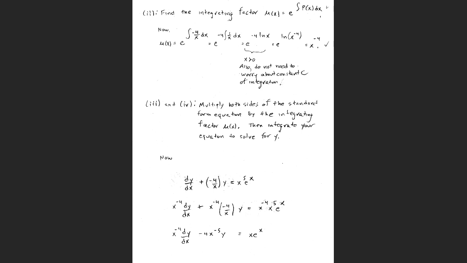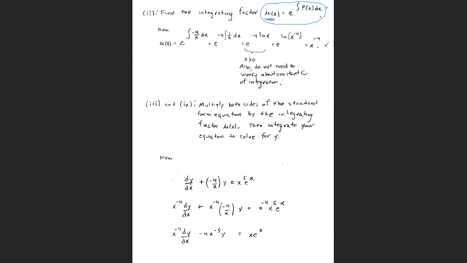Okay. So the integrating factor is denoted by this symbol mu of x. Mu is a function of x, and it's defined as e to the power, and the power is this integral of the p function.